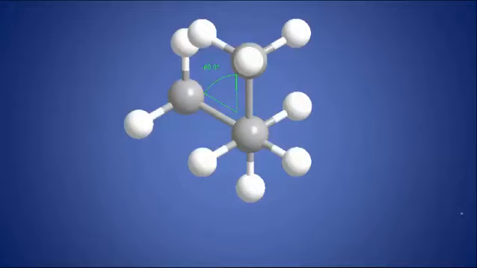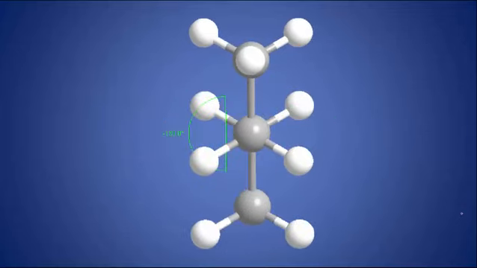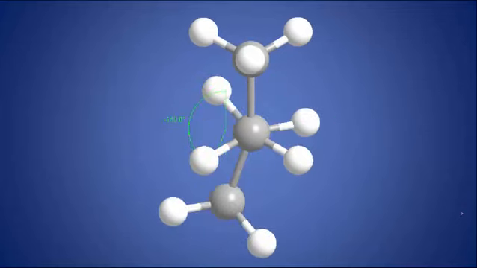This is still staggered, but where the methyl groups are getting a little closer together. All right, if you had to guess, which of those two would you say is more stable? The first one, where they're across from each other. Yeah. So we actually have a name for that as well.